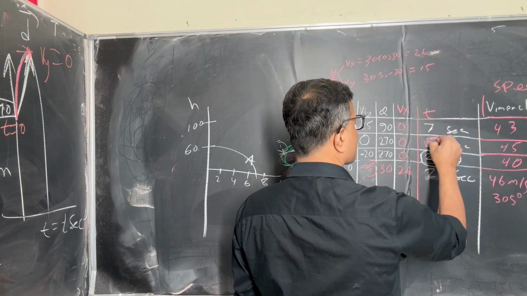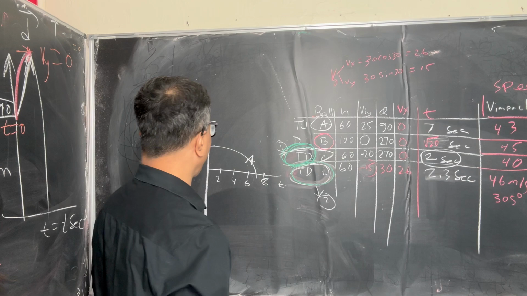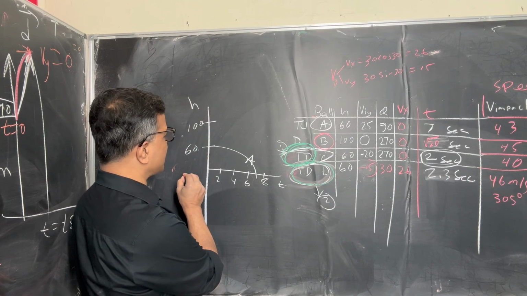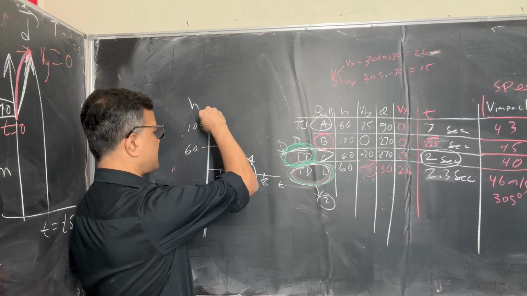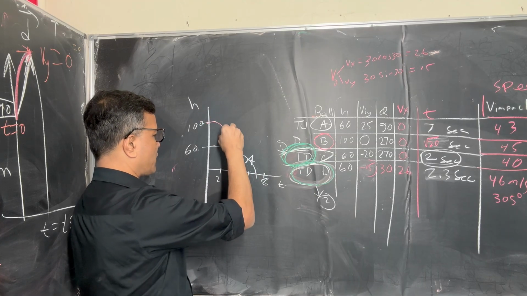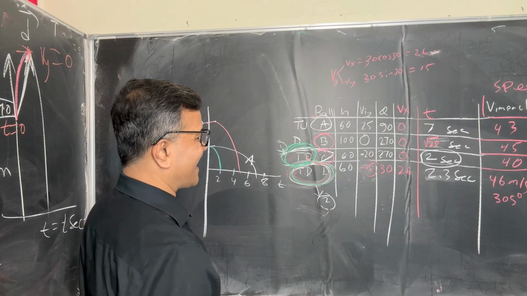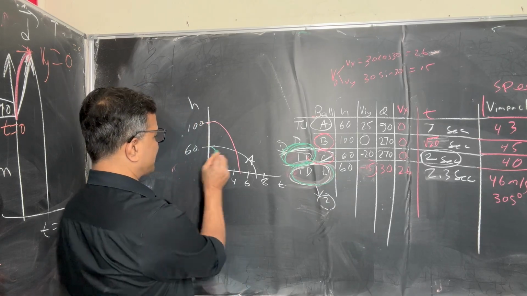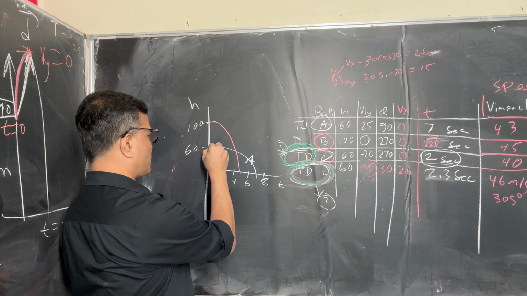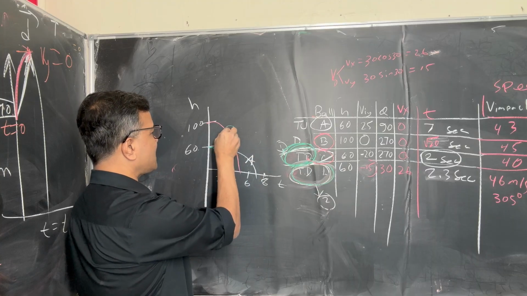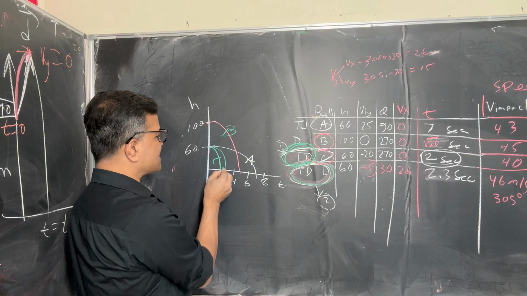Square root of 20 is not 5, it's 4.4. Ball B 100 and 4.4 right here. All right. Ball D 2.3 seconds. Okay. So this is ball A, this is ball B, this is ball C, this is ball D.